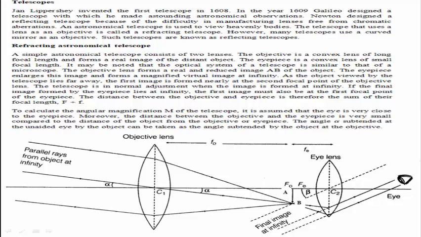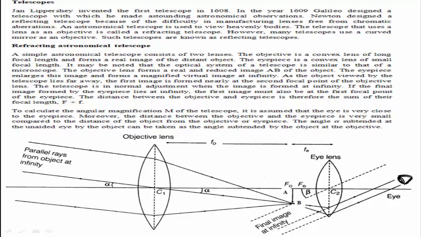An astronomical telescope is used to view heavenly bodies. The telescope that uses a lens as an objective is called a refracting telescope. However, many telescopes use a curved mirror as an objective.